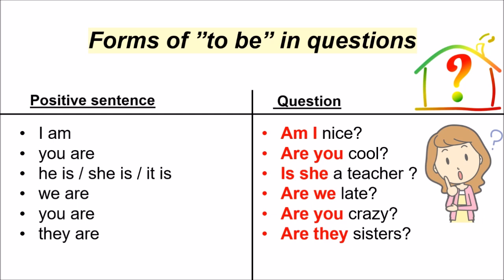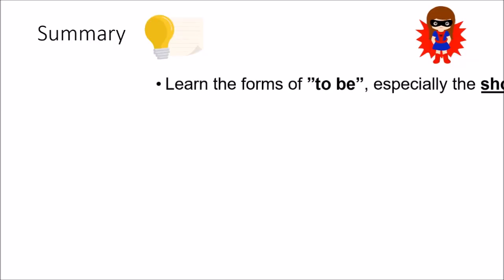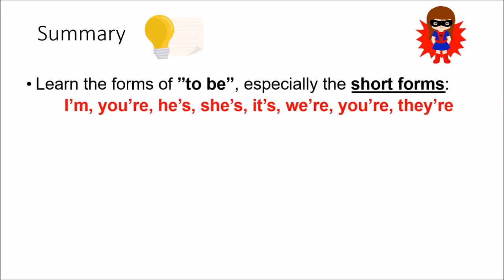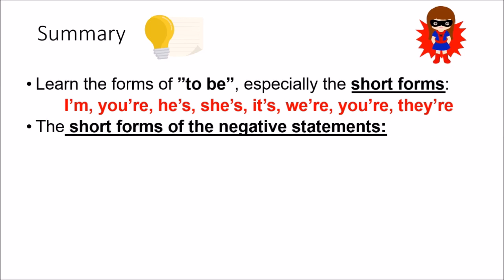That was nearly it. To put it in a nutshell, finally my summary. Learn the forms of to be, especially the short forms. I'm, you're, he's, she's, it's, we're, you're, they're. For negative sentences, add the word not and remember the short forms.